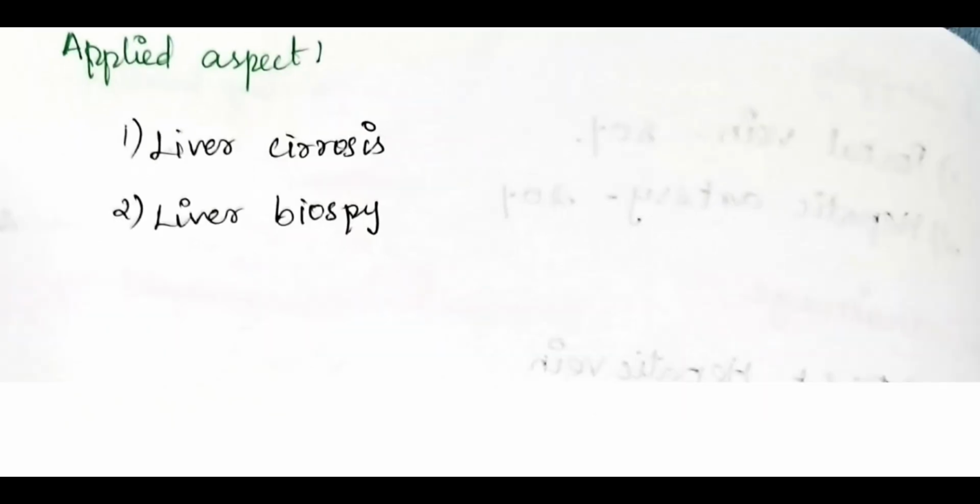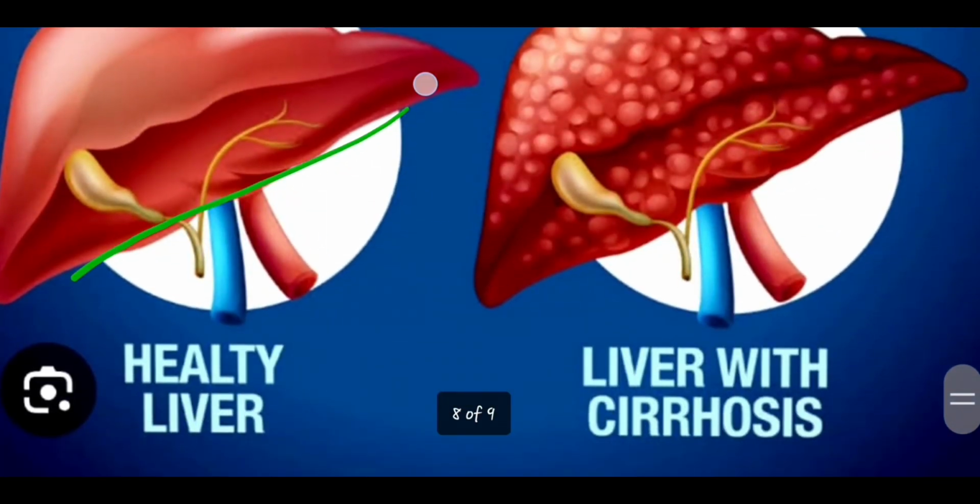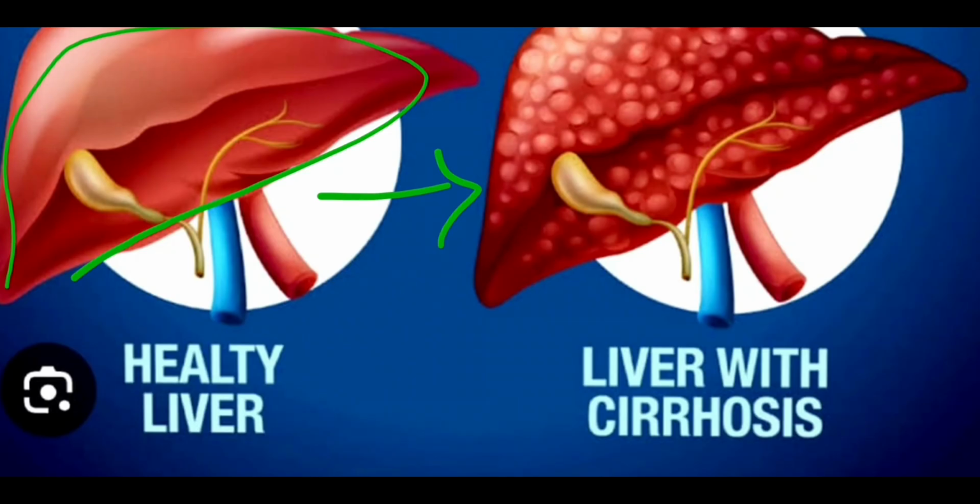Coming to liver cirrhosis, this is the normal liver, whereas later it appears like this with cirrhosis. Cirrhosis is when the liver tissue becomes fibrous and loses all its function. This is referred to as liver cirrhosis.